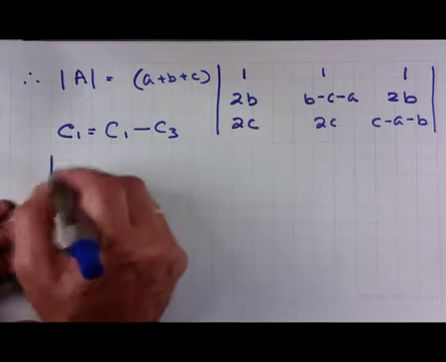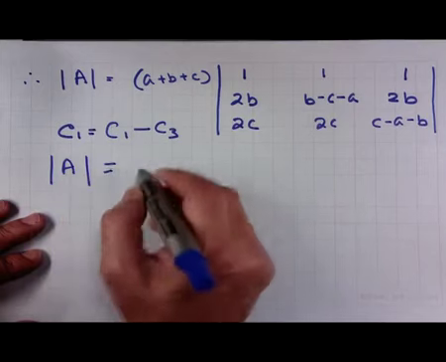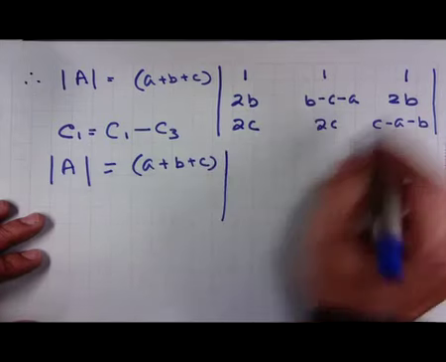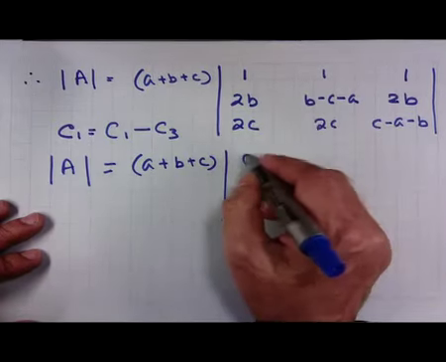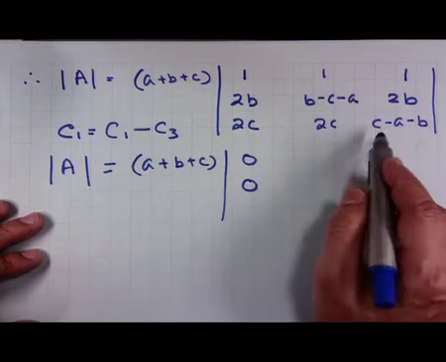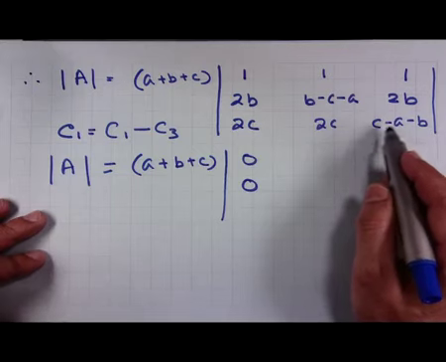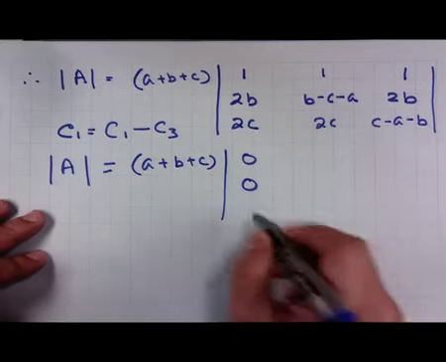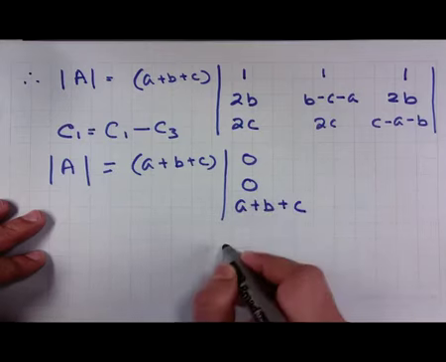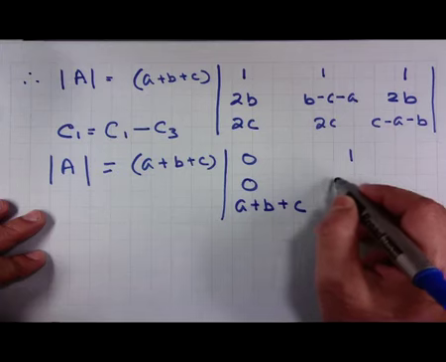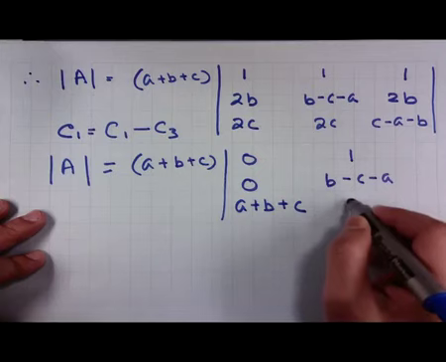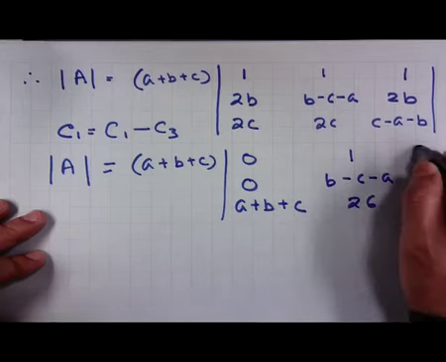After doing that operation, I get determinant of A is equal to a plus b plus c times 1 minus 1 is 0, 2b minus 2b is 0, and 2c minus c minus a plus b, whole thing will become a plus b plus c. Other columns remain the same.